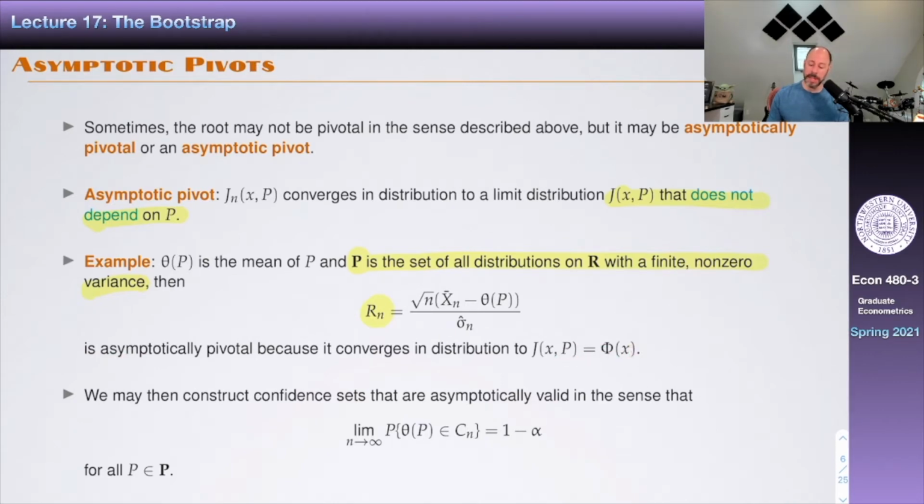So in this case, the limiting distribution doesn't depend on P. Typically we write this as converges in distribution to a normal 0, 1, and the normal 0, 1 here does not depend on P.